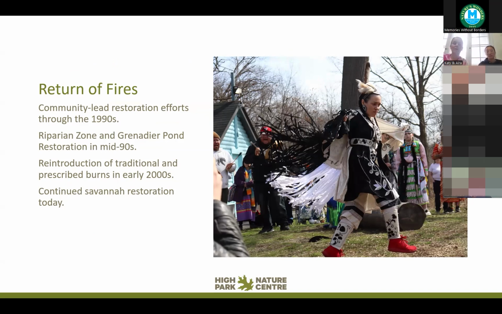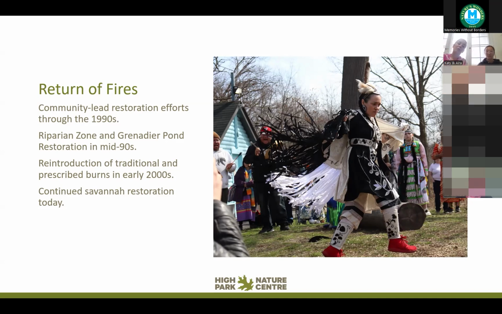Fire helps clear a space so that rather than having that successional forest occur, you have a savanna grassland ecosystem that continues to exist. So traditionally, it would have been done by the indigenous people to help maintain this type of ecosystem. It also would have been triggered by natural fires.